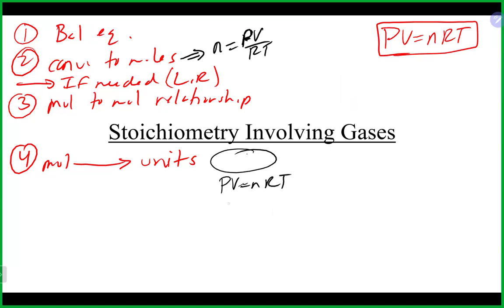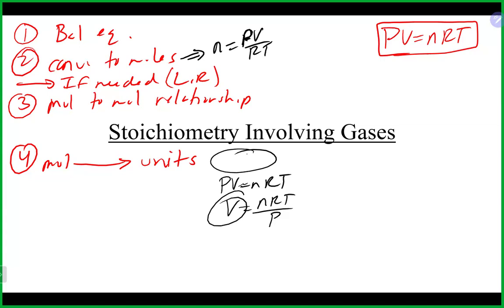Very commonly, if you use it at the end, you would probably be looking for a volume, as you would have the other numbers, pressure and temperature, and obviously the moles would come from the stoichiometry part as well.